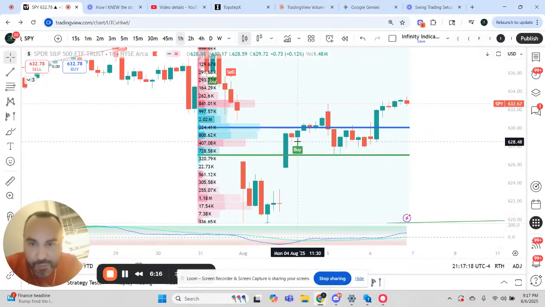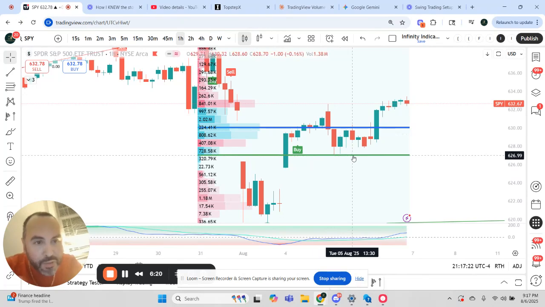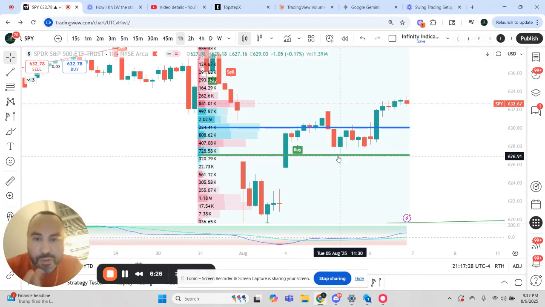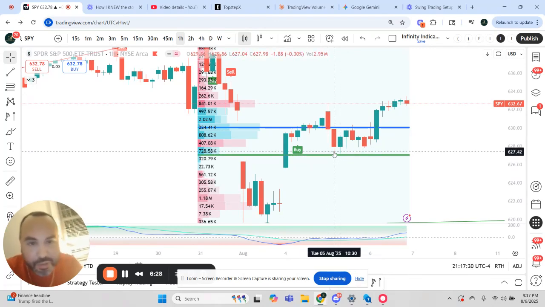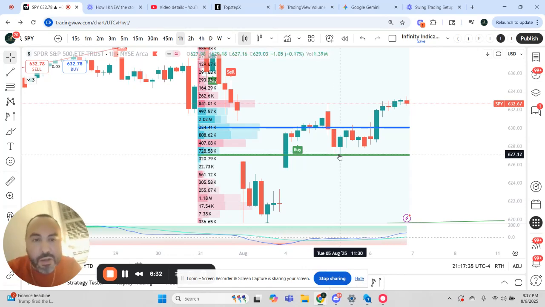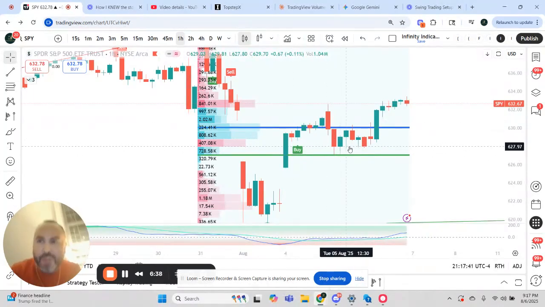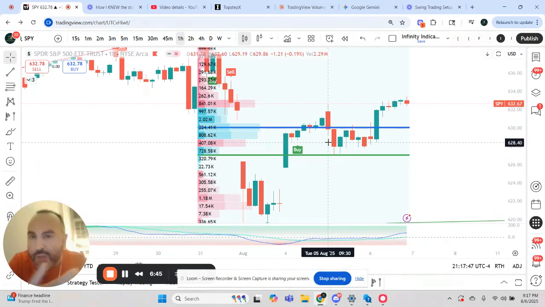Well, if you entered this buy signal right here, you can see that we're holding this key level, 627. So that's an opportunity to either just hold your position, knowing support is holding, or even doubling down, bouncing at the key level here. That's what I mean by watching these key levels.